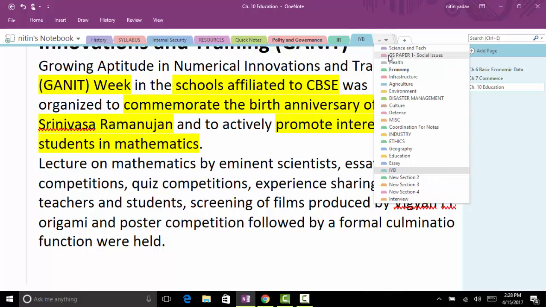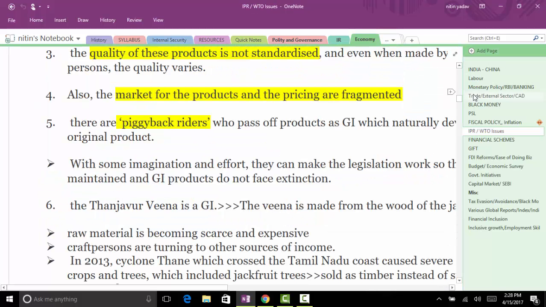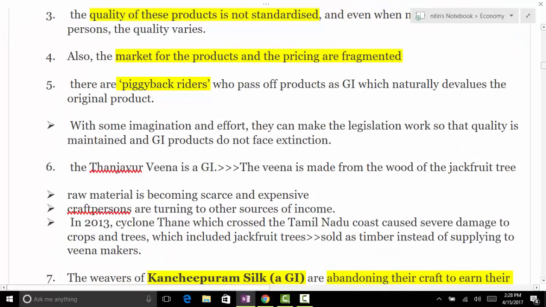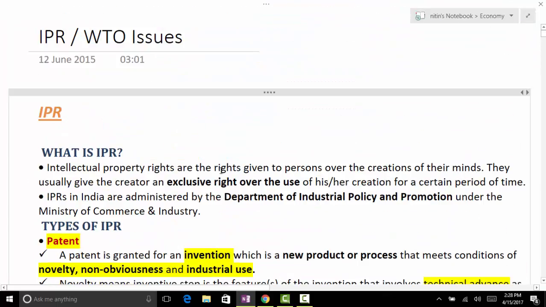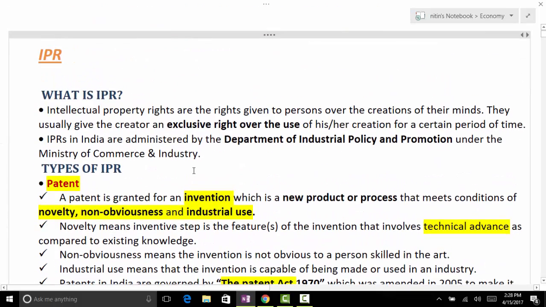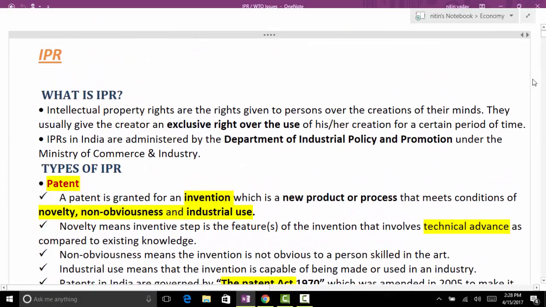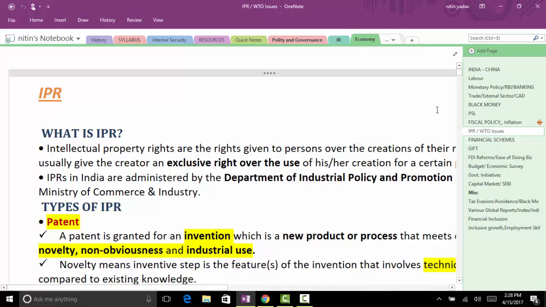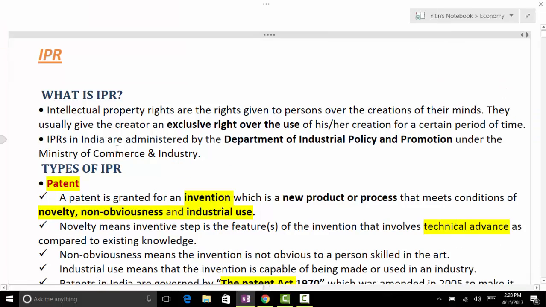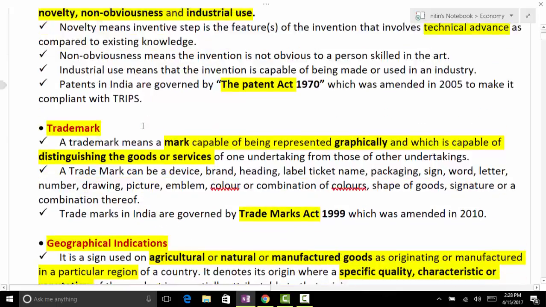So you can refer to this. You can go to the economy page and IPR. In the economy page you have IPR and WTO issues. You can see what all are IPRs. So it's important for your mains. What is IPR? Go through it. What are the different IPRs?